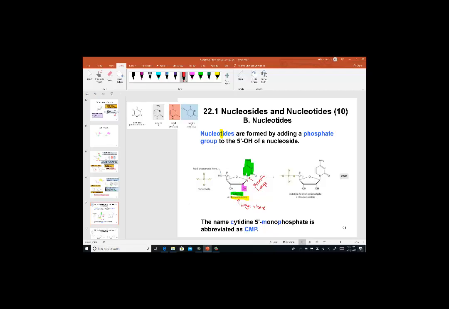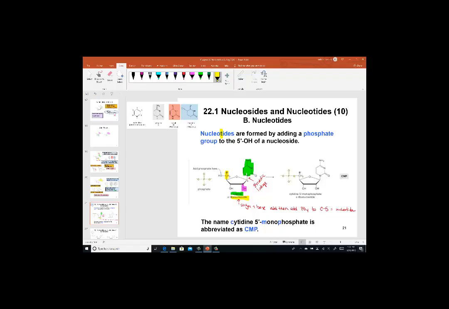Now when we add the phosphate to carbon 5 of the sugar, you're turning your nucleoside into a nucleotide. That's the only difference in this structure. Locate carbon number 5 of your sugar.